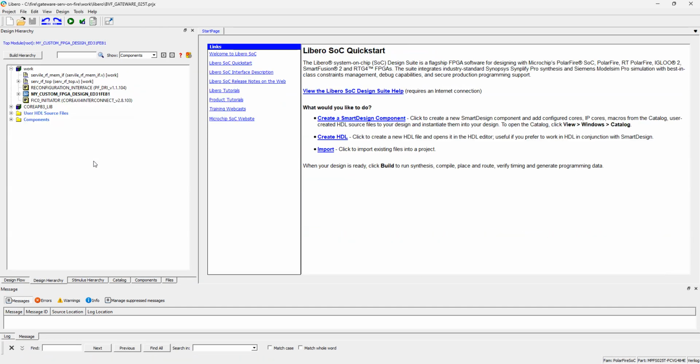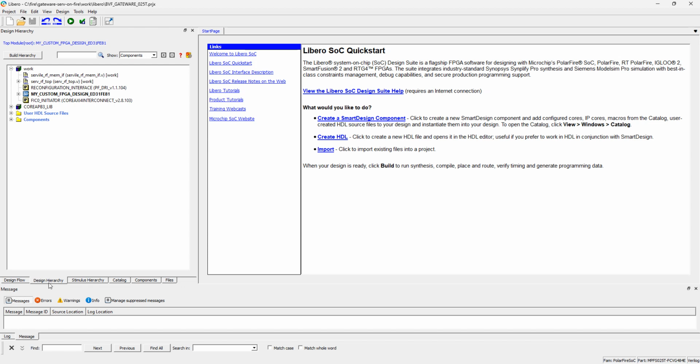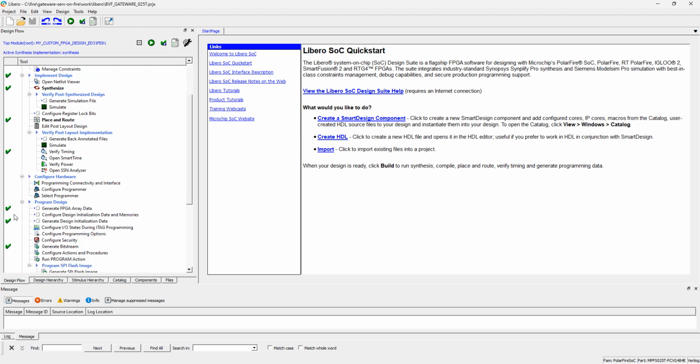Let's just do a little walkthrough. So it comes up with this. The guy who's in dark here, that's our top level design in the hierarchy. So we got this design hierarchy. We also have these other tabs. So we have the design flow tab, and this is where everything gets synthesized. You can see these little check blocks along the way.